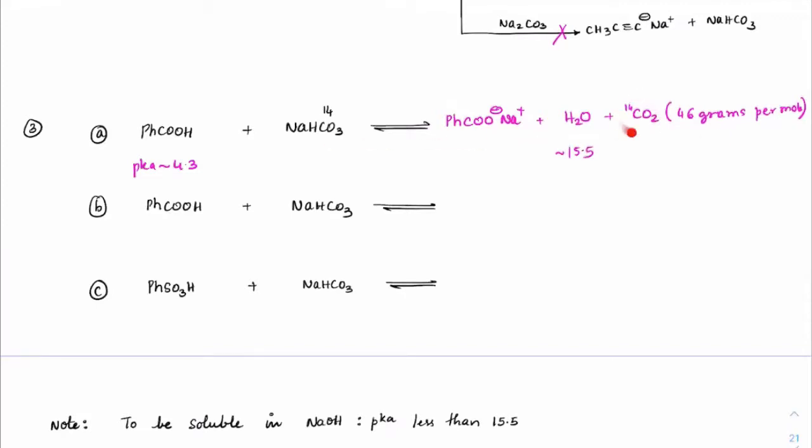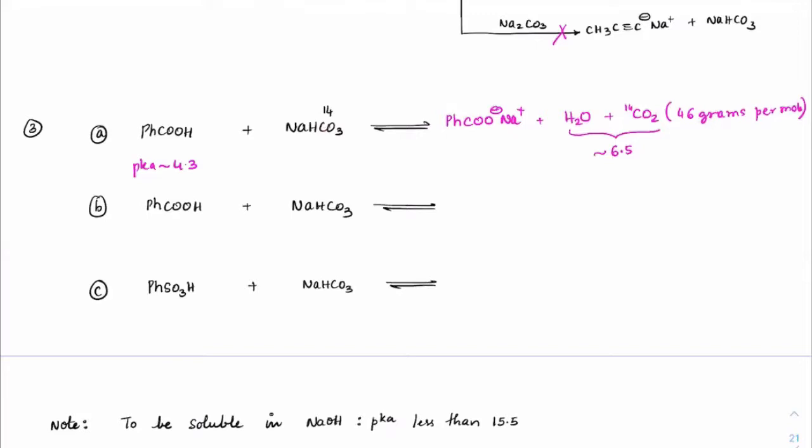Sorry, not water, the H2CO3 pK value is around 6.5. So definitely we can expect this reaction to happen in the forward direction. And yes, carbon dioxide is evolved here. The carbon dioxide which evolves will be 46 grams per mole because it is an isotopic carbon 14.